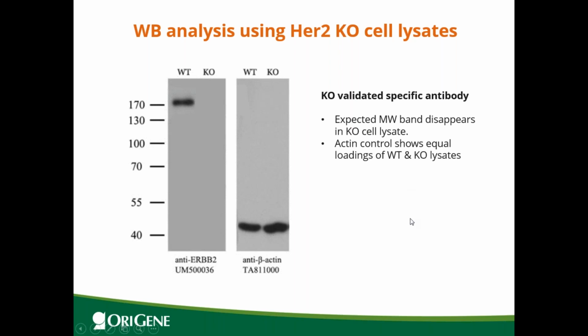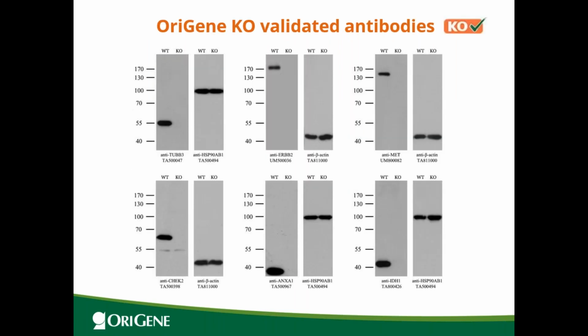An antibody that has been validated using this method is called a knockout validated antibody at OriGene. We have about 493 antibodies validated using this method. Here I'm showing you a few examples of our knockout validated antibodies.